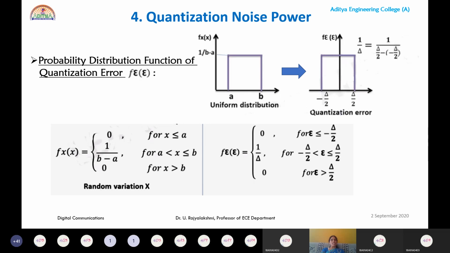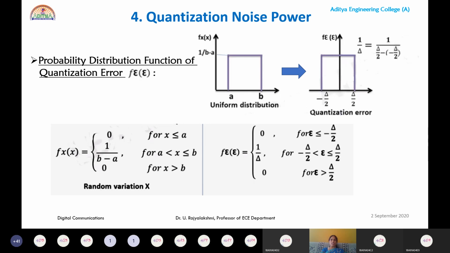Now please observe the first graph. The first graph represents the general probability distribution function for a uniform function. Here a function exists only between A and B, and beyond that range no function exists.